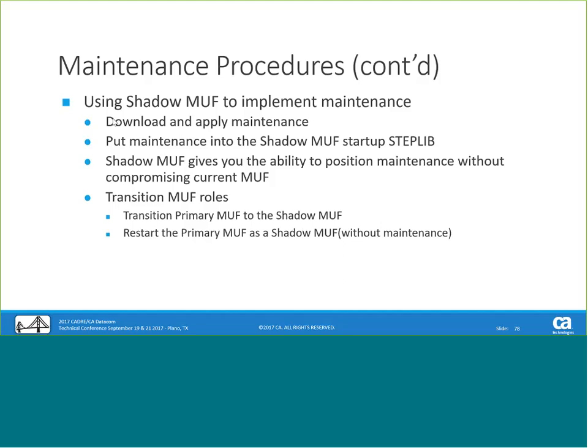But when you're ready to put in maintenance, you would now put the maintenance in the primary 15.1 multi-user and let Shadow run at a minus-1 level. So again, if some PTF does cause an issue and you lose your multi-user, you will automatically regress to the prior maintenance level by Shadow just taking over at the prior maintenance level.